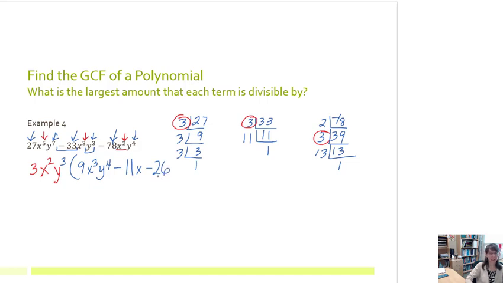So I need 26. Now check out the x's. We have x squared. We need x squared. That's the same. We don't need any more x. Finally, y cubed is what we have. We need y to the 4th. So one more base of y is needed. Close that off with a parenthesis. So our final answer is 3x squared y cubed multiplied by this quantity.